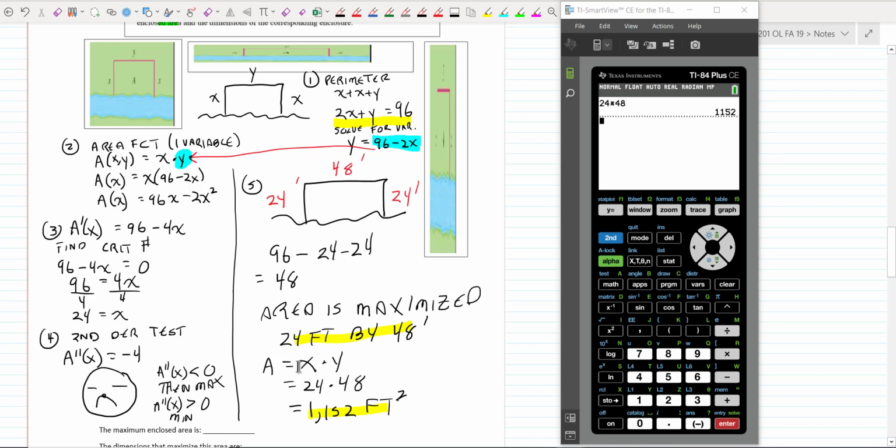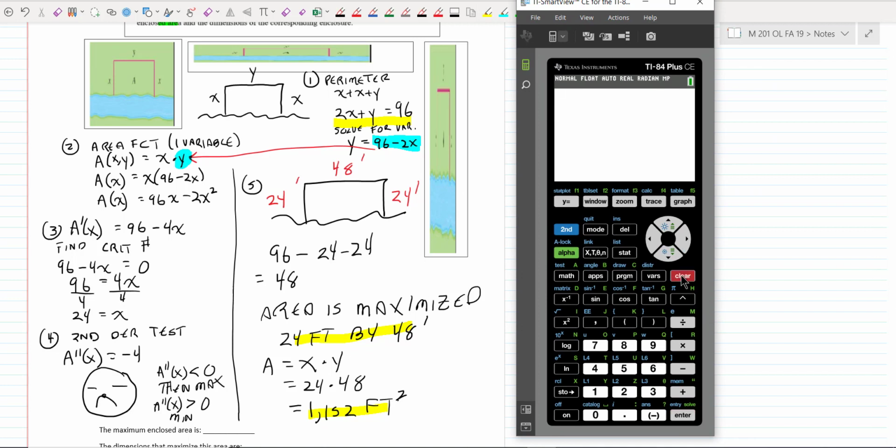One thing that's also worth doing is going back and looking at your first derivative, and you can even look at your function too. Let's graph the function, not the first derivative. So we have 96x minus 2x to the second. That's the function that we differentiated.